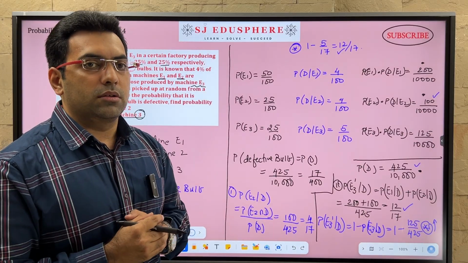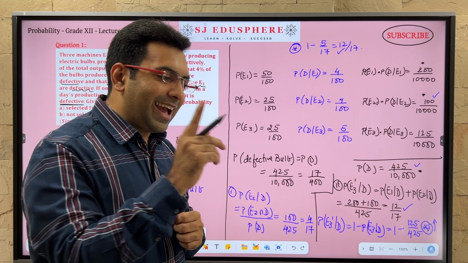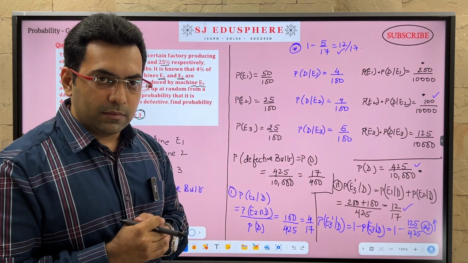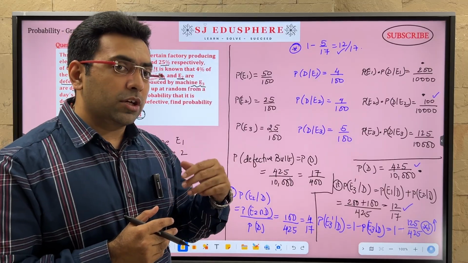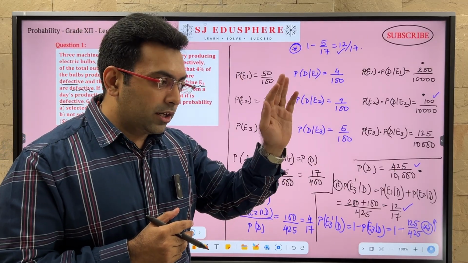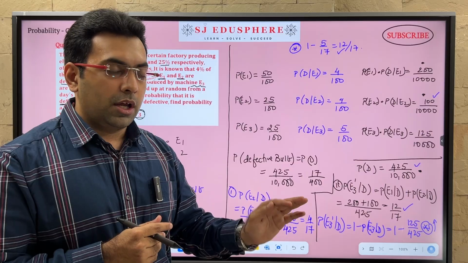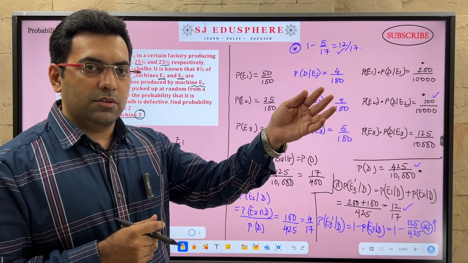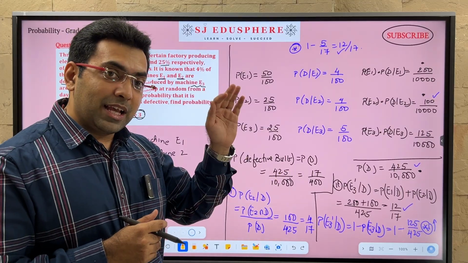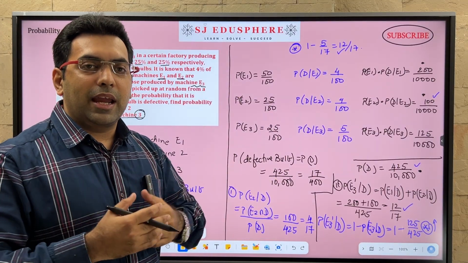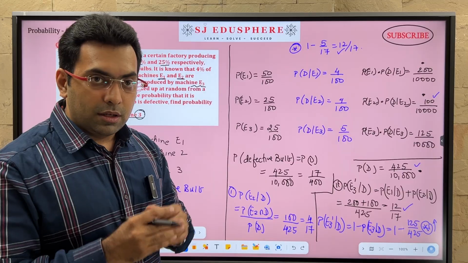This means what? If you have the finance to replace a machine of E1, E2, E3, the replacement of the machine will lead to less defective. Now you've already revised the price. When you reduce the defective, that means your replacement has dropped. That is again your pure profit.